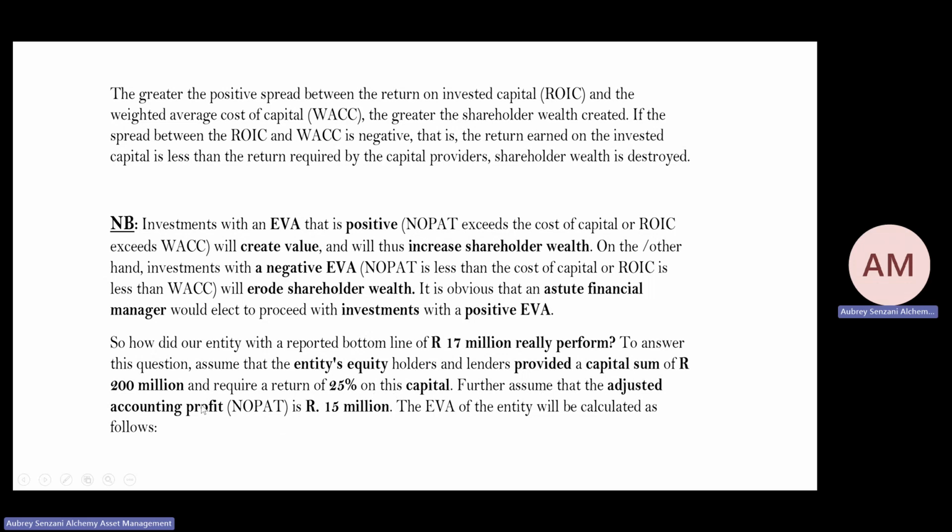Further assume the adjusted profit, in other words our net operating profit after tax, is 15 million. After we've done our relevant adjustments, the profit has come down from 17 to 15 million. Then it says the EVA of the entity will be calculated as follows.